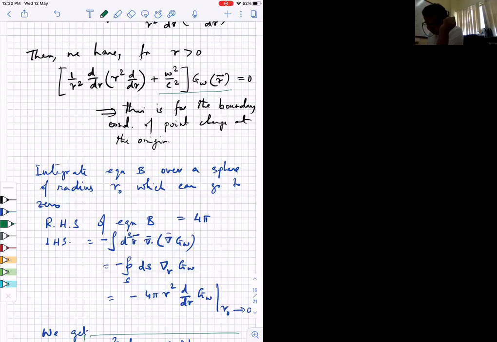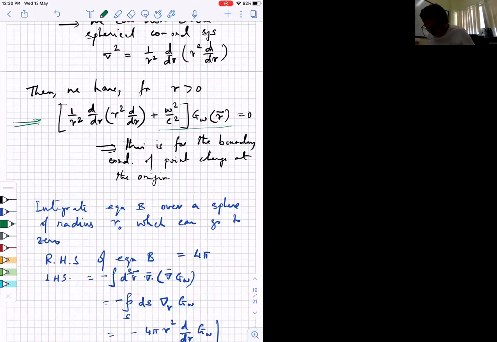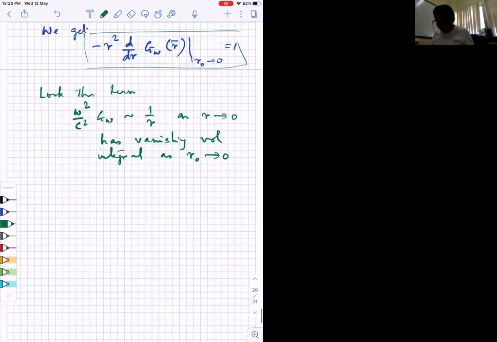Let us write down this GW that we have as 1 by r. So go to this equation. Let me call this equation C. Go to equation C. I will put this note so that you can look at these notes.